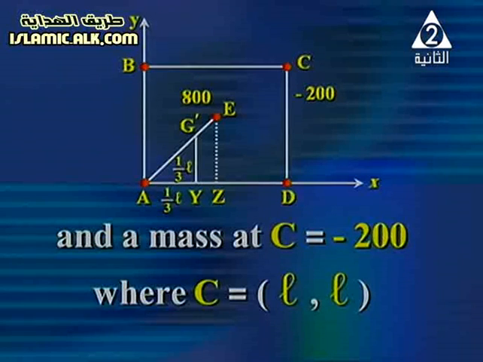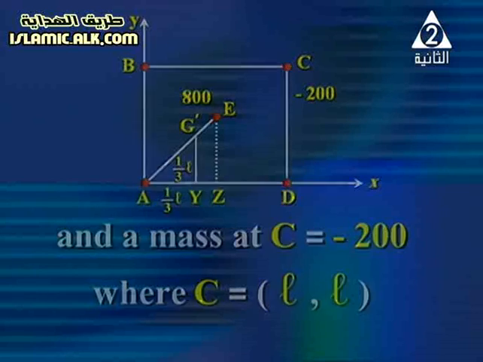Then the mass of C is negative 200, the removed body or remaining body, where C has position L and L. Why? C is a distance L from the x-axis and L from the y-axis. Its coordinate is L and L.